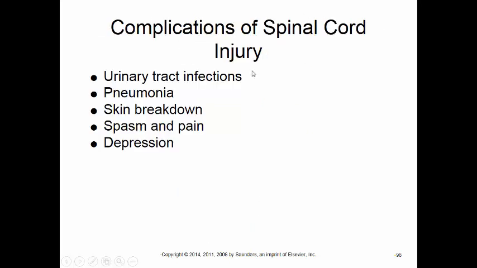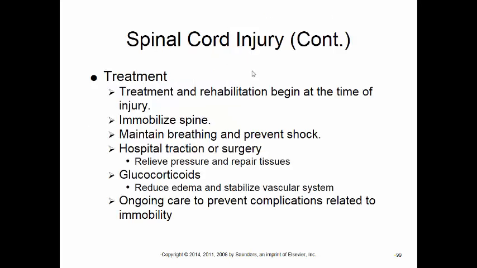Complications of spinal cord injury include things like urinary tract infections due to the retention of urine, pneumonia because of difficulty breathing, skin breakdown with pressure ulcers, spasm pain, and also depression. Treatment includes rehab and immobilization, and treatment and rehab begin at the time of injury.